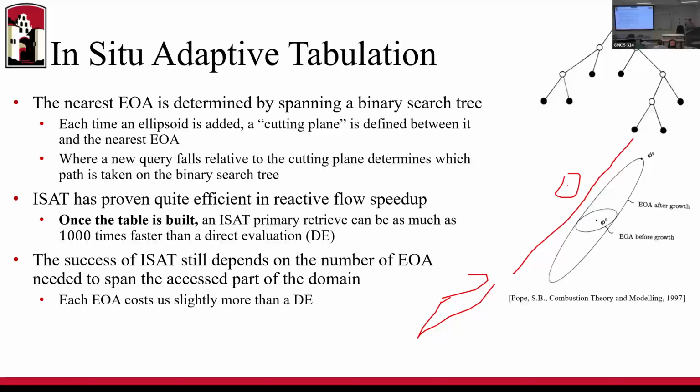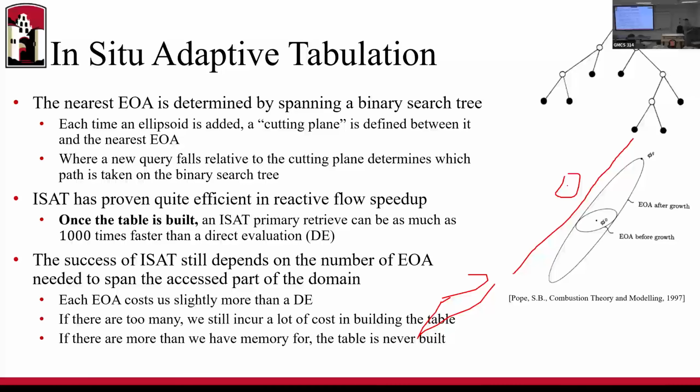Each ellipsoid of accuracy costs us slightly more than a full direct evaluation, and if there are too many, we're still going to incur a lot of cost in building the table. And if there are more than we have memory for, the table will never be built. So then ISAT will start giving unexpected error magnitudes.